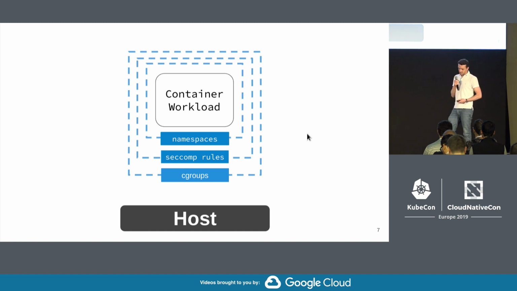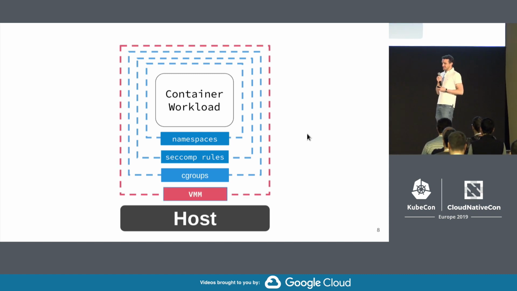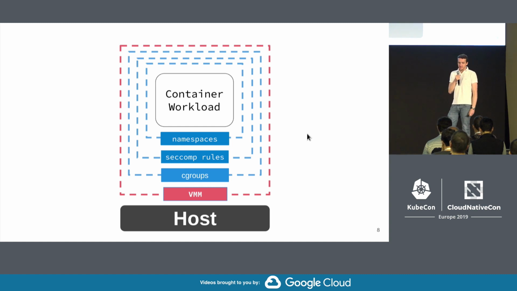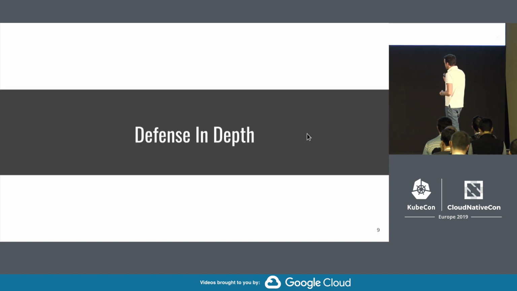So those are all isolation layers, and what we're trying to do with hardware virtualization, VMM, and hypervisors, we just want to add yet another isolation layer to this story. So we want the VMM to be another isolation layer that you can add to your container workload, depending on the need for security and the level of security that you want to reach with your application. So this is very well aligned with the overall container security architecture and design, which is mostly about defense in depth.